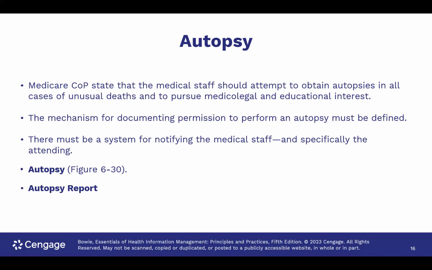And the mechanism for documenting permission to perform an autopsy must be defined. So in other words, getting consent for autopsies is a big, big deal. Need to go through the proper process. That needs to be documented and reflected in the record. And there has to be a system for notifying the medical staff, specifically the attending, about an autopsy. And you can see an example of that in Figure 6-30.